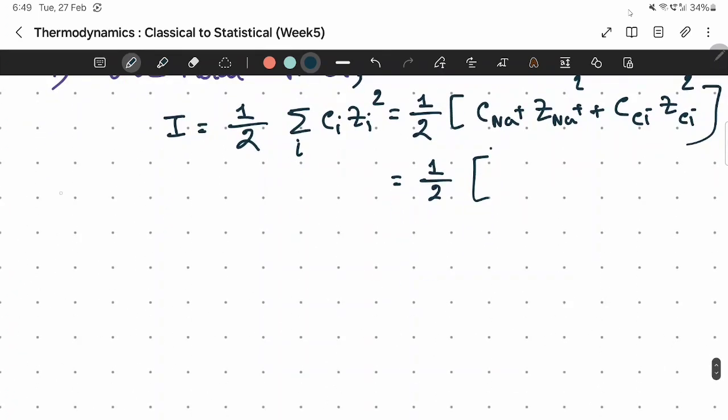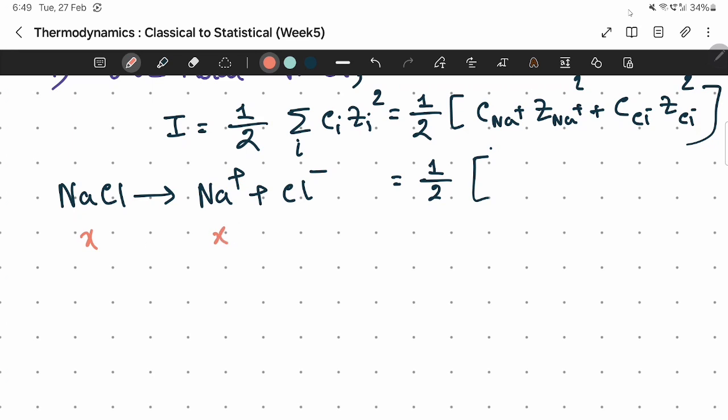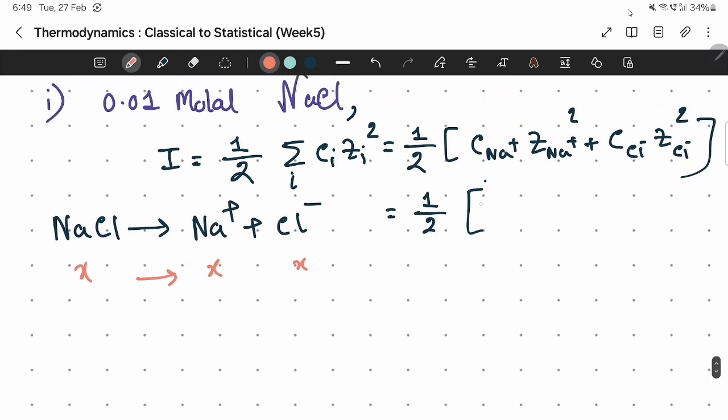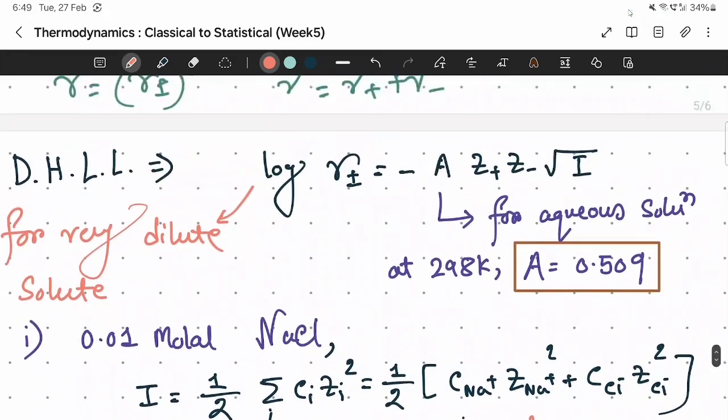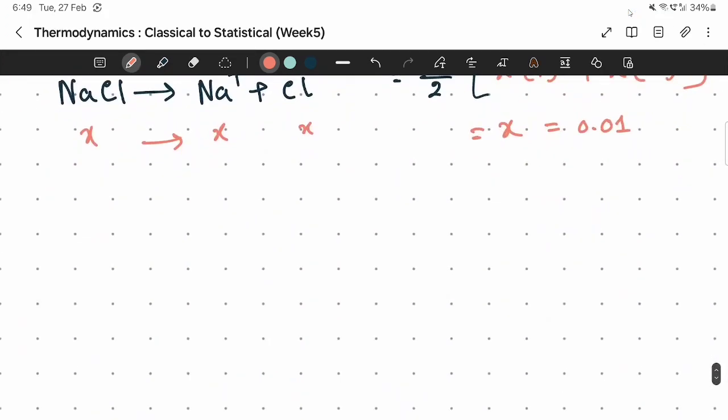NaCl will dissolve into Na plus and Cl minus. So if the concentration of NaCl is X, then it will also be X and X, with 1 square. What is X? 0.01 molar. So I is now known, and it's trivial to find out the rest.